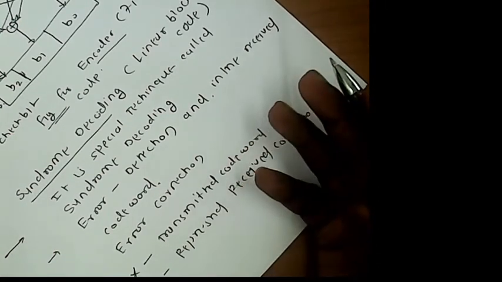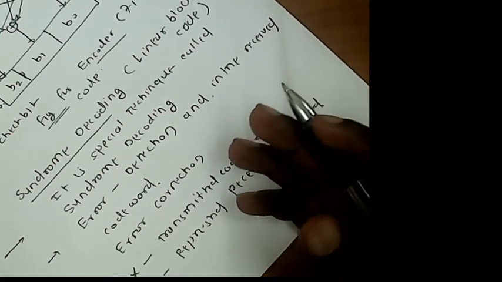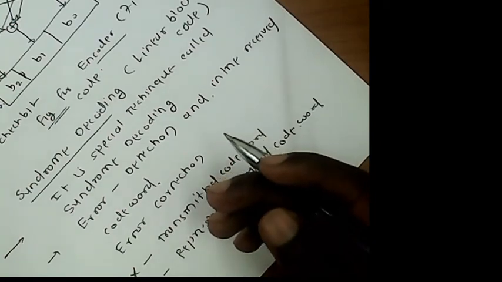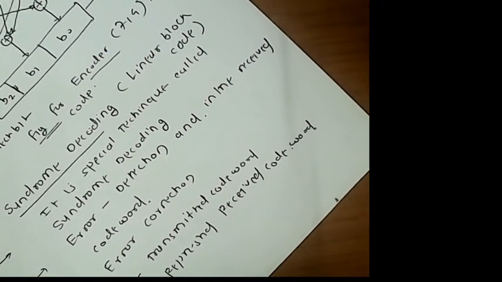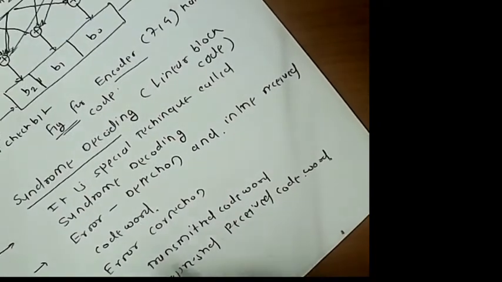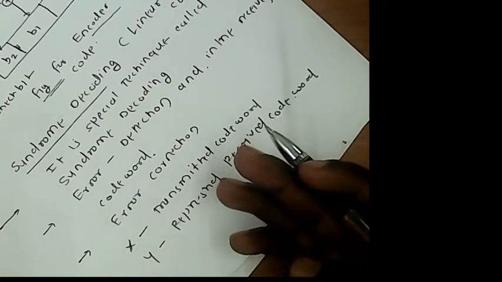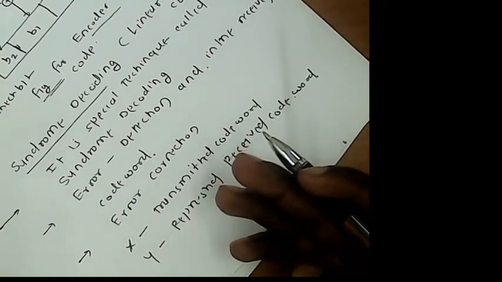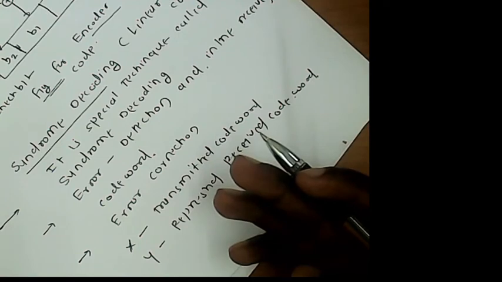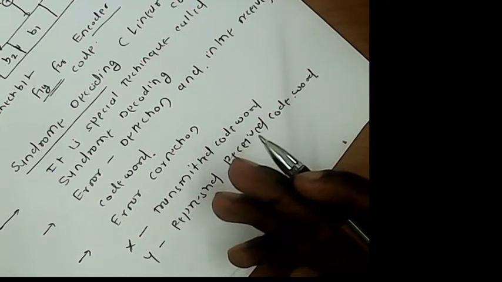Then how do we detect the presence of errors? For that purpose, we use the parity check matrix. For an (n,k) linear block code, there exists a parity check matrix of size (n minus k) by n.